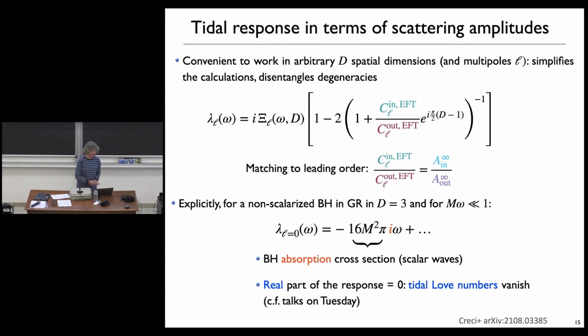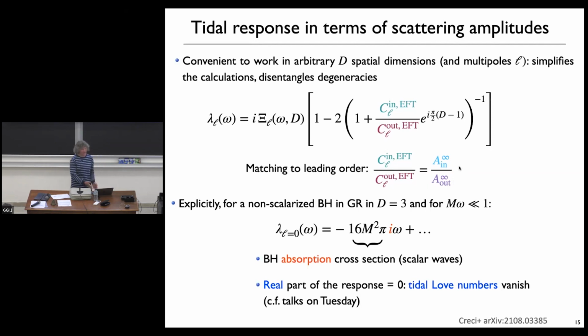And okay, you get some functional dependence, but you see clearly the response function lambda depends on this ratio of in and outgoing wave amplitudes at infinity. And then the next step is to match to the ones computed in the full theory. And it turns out to leading order, they get identified, but there is also quite some subtlety, and for numerical evaluations, one might need to be a bit careful.